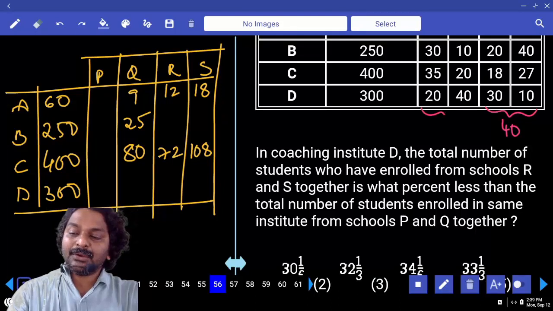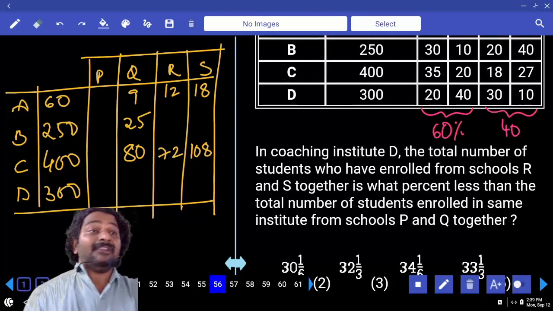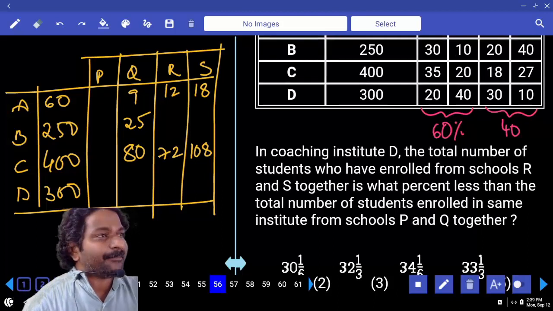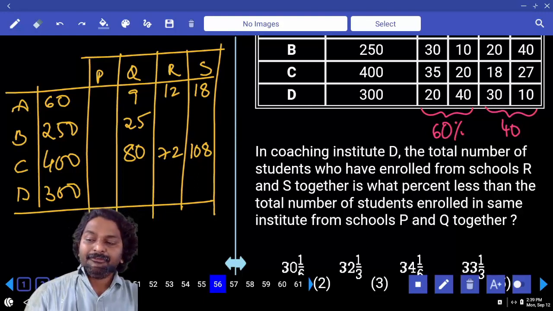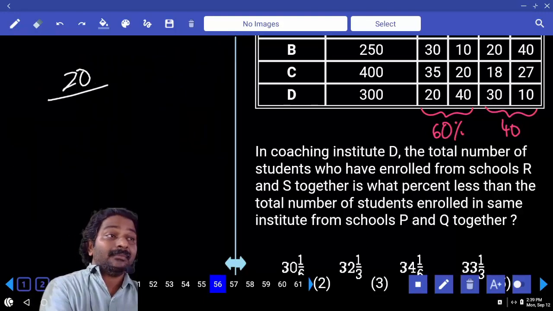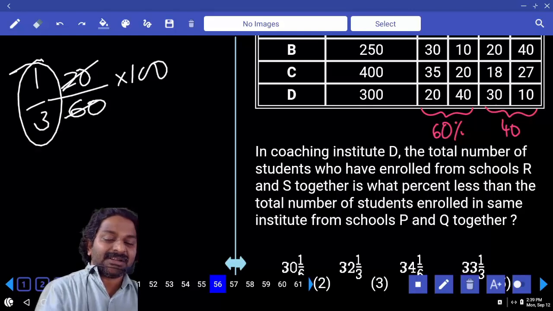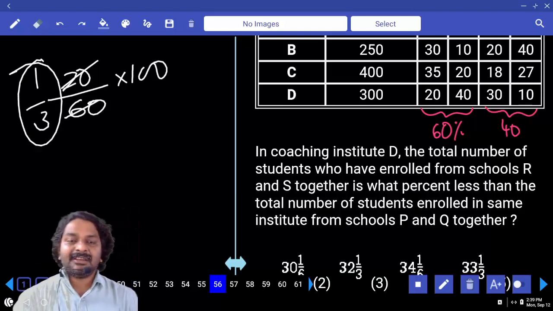Next, P and Q, what percent do we have? 60% of the same number, right? So we don't need to convert these numbers, directly we can compare. That means 40 is how much less than 60? 20 less. From 60, percentage into 100 only, which is 1/3 only. What do you mean by 1/3? 33 1/3%, fourth option.